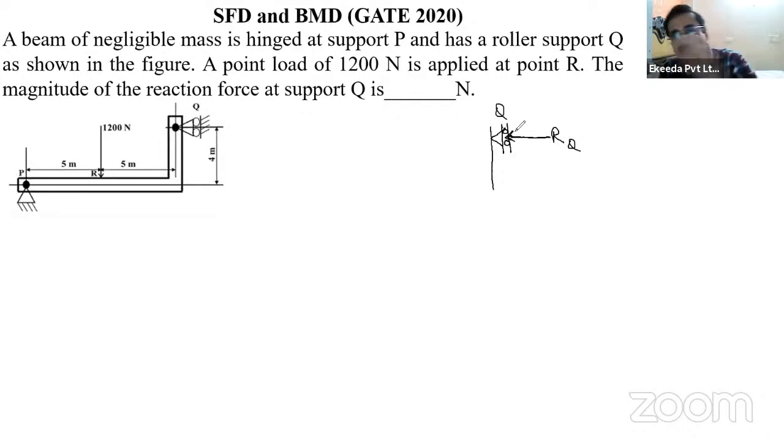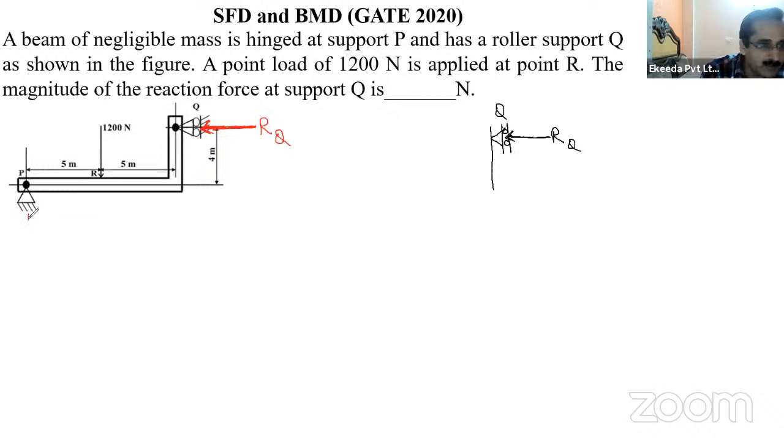Like in the previous case it was vertical, now it became horizontal, perpendicular to the rollers, because it can move now in the vertical direction. We are talking about Q point. So this is the reaction produced at point Q, because a roller joint produces only one reaction.